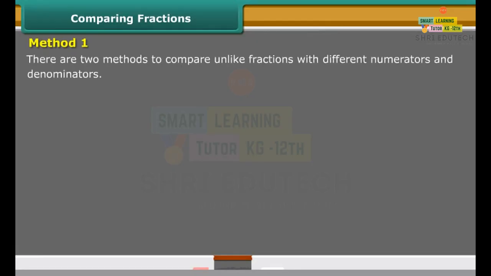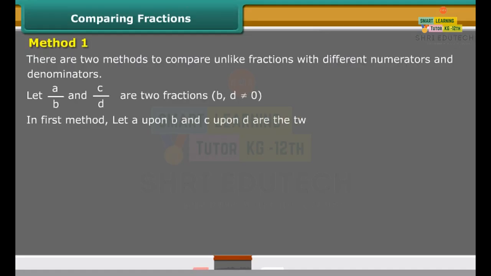Method 1. There are two methods to compare unlike fractions with different numerators and denominators. In the first method, let A upon B and C upon D be the two fractions where B and D are not equal to 0.